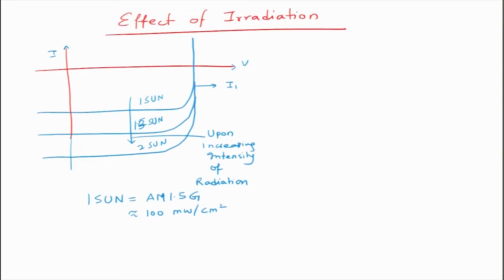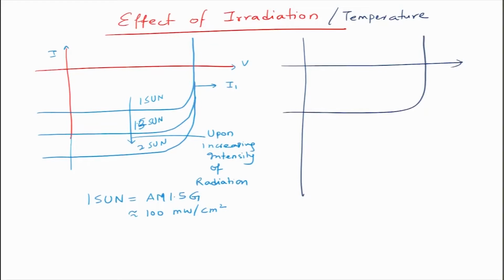Similarly, as you change the temperature, that also changes the curve. So, this is increasing intensity. If I make a plot for this, for example, this is for the first temperature T1, and if you go to high temperature, the high temperature leads to more emission, but it also reduces the VOC.